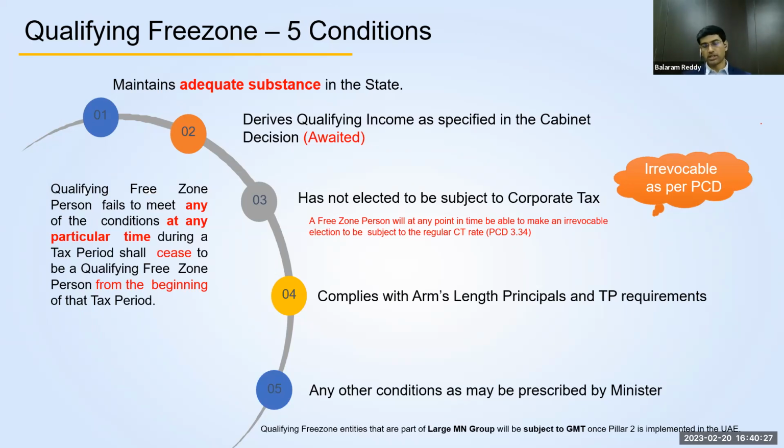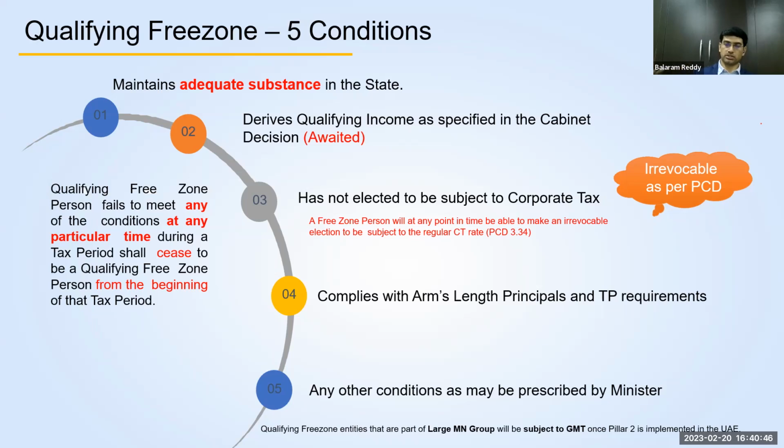And fourth point is that you should comply with the arm's length pricing principles, and you should be maintaining the transfer pricing documentation. We will look at this particular point in our later slides, but this talks about the transactions that you do with your related parties or connected persons.